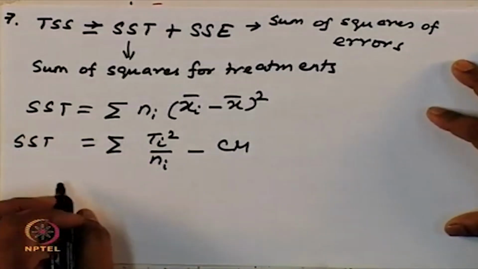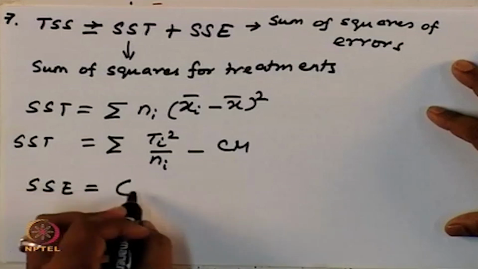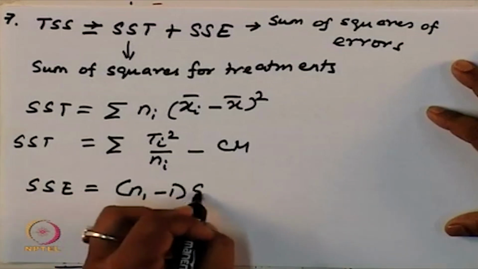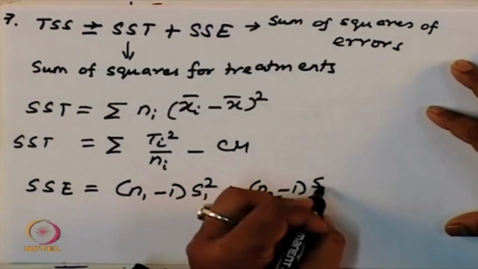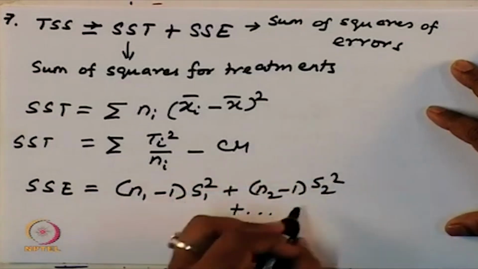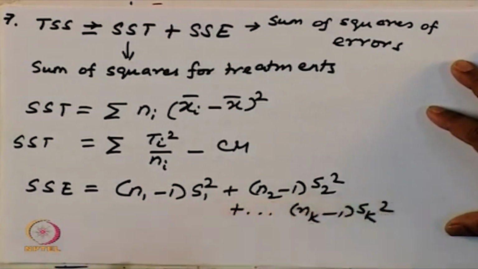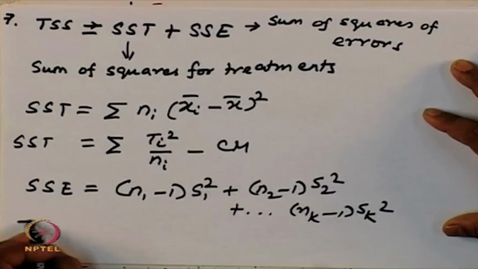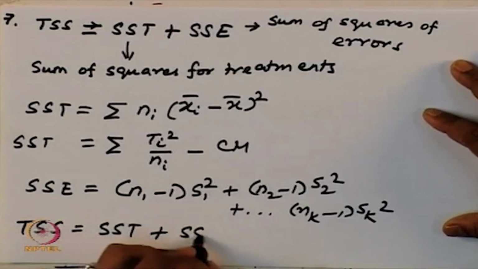And SSE is given by, okay, so you can show that TSS is equal to SST plus SSE.